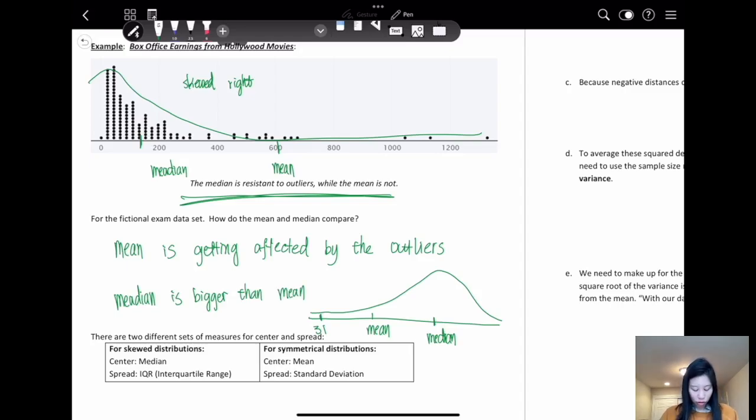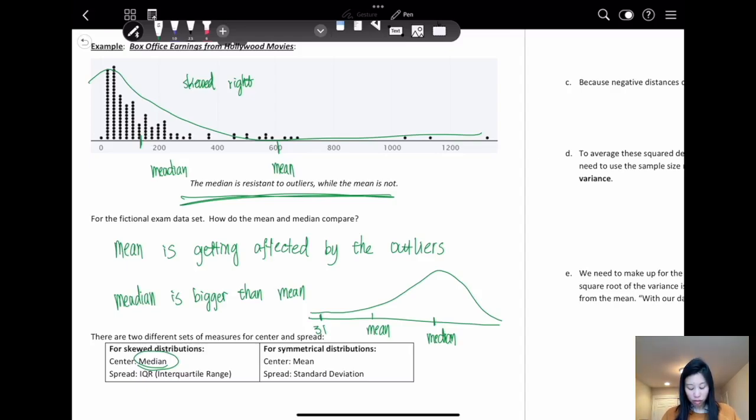Okay, so there are two different sets of measures for the center and spread. For a skew distribution, since the mean is really easily affected by the outliers, we want to use the median, and for the spread we use the interquartile range. We will talk more about that in later classes.